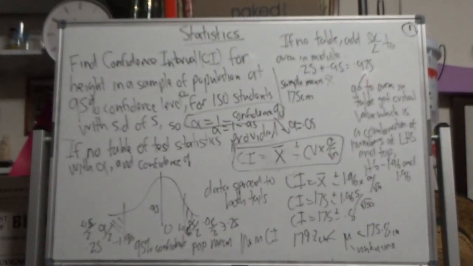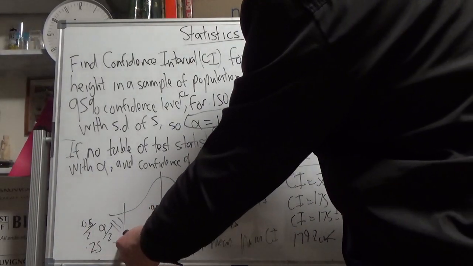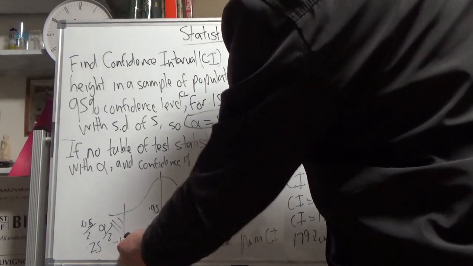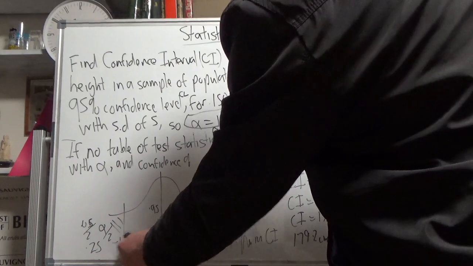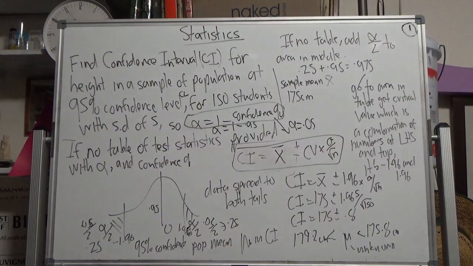You use the left hand side number and the top number to put it together: 1.9 on the left and the 6 at the top gives you 1.96, the critical value. That's how you find critical values if you haven't been given a table.